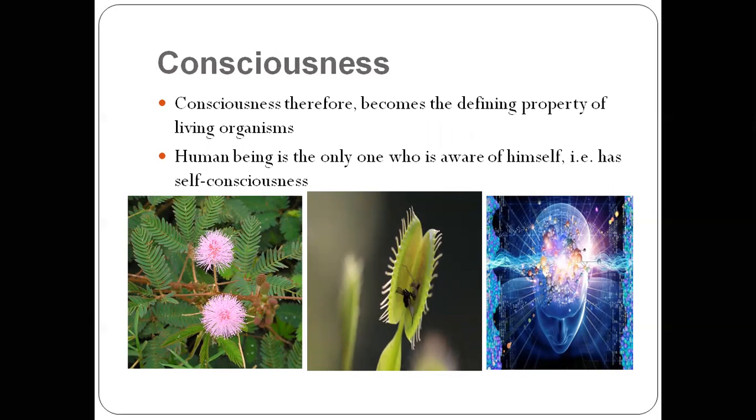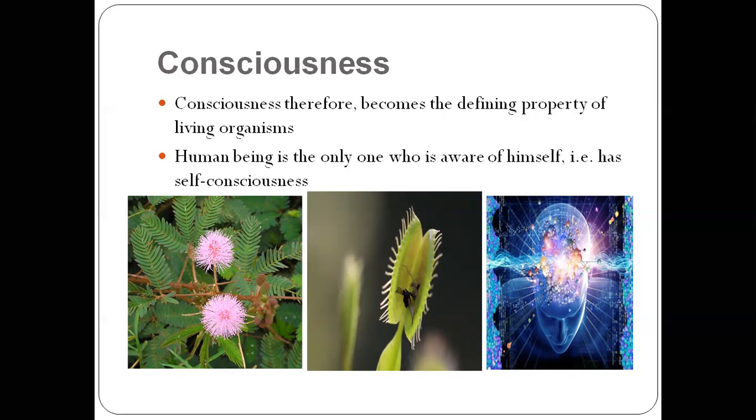Here you can see three pictures which I have focused on. The first picture is your Mimosa pudica plant. The moment you touch the plant, immediately it will close. It's an indication of the turgor movement happening here. In the second picture you can see the Venus flytrap. The moment an insect sits on the plant, immediately the leaf lamina will close.